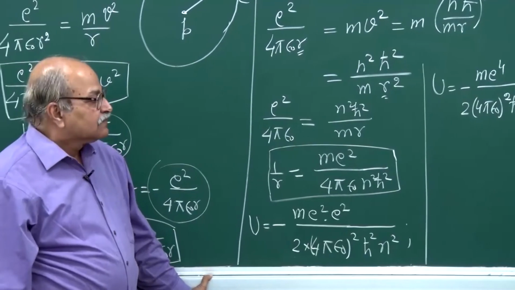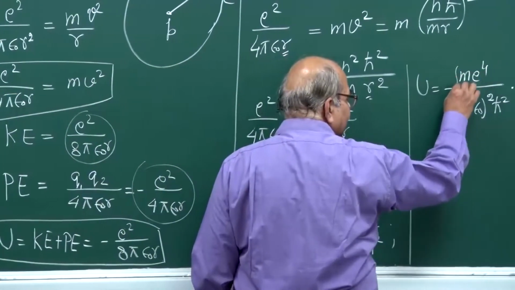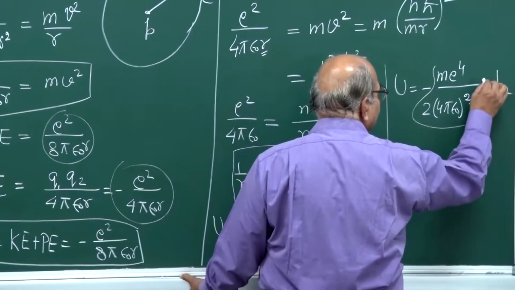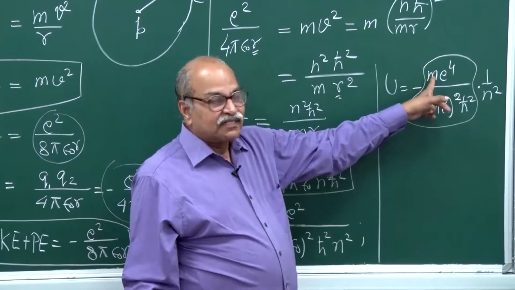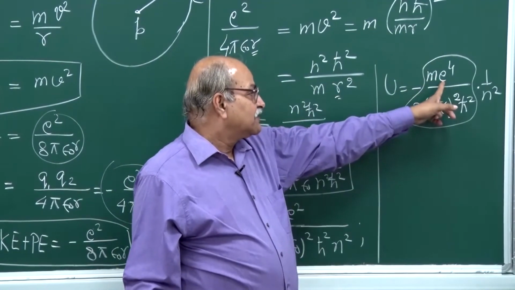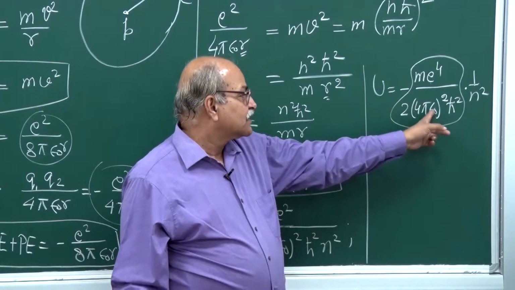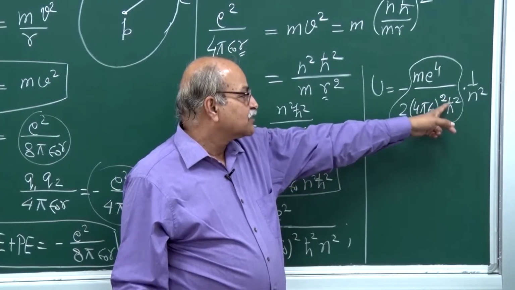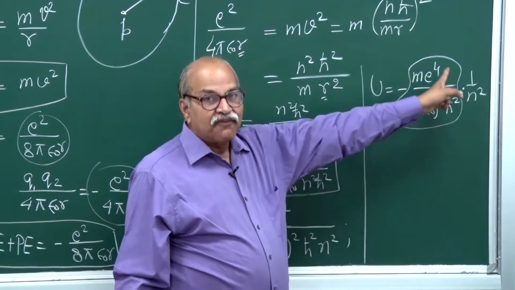Right? Now this quantity here is the mass of the electron, a fixed quantity, the charge of the electron, a fixed quantity, 2 into 4 pi epsilon naught, a fixed quantity, and h cross, Planck's constant divided by 2 pi, a fixed quantity. So this has a particular value.